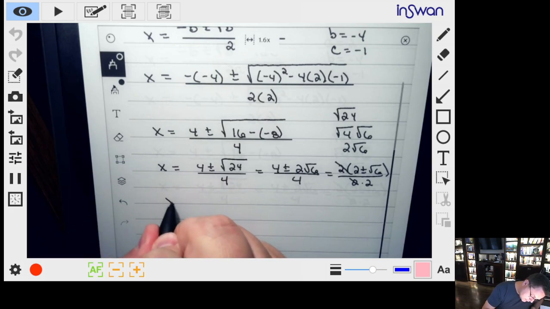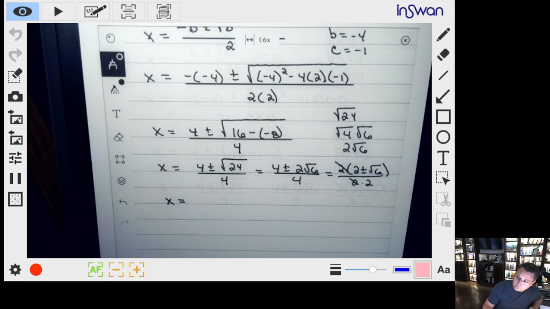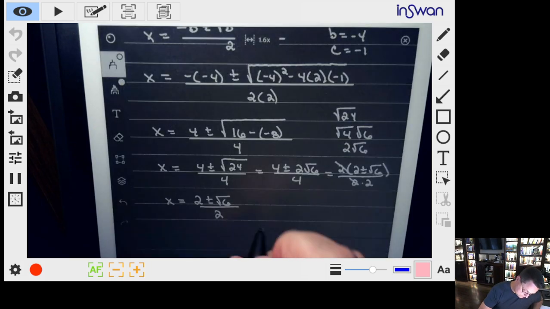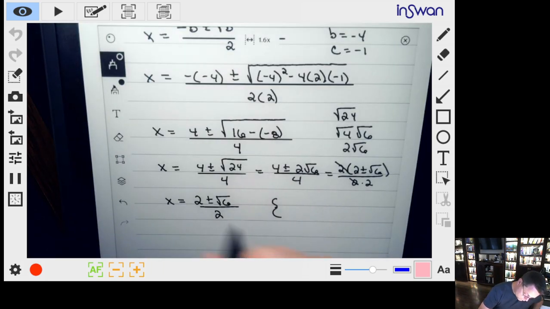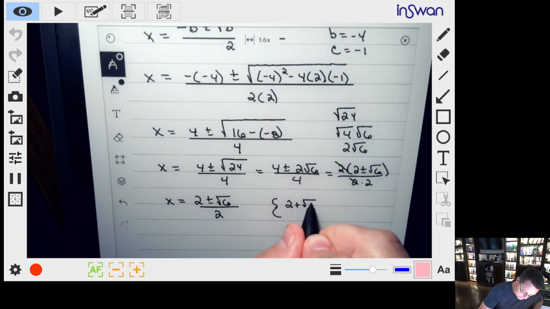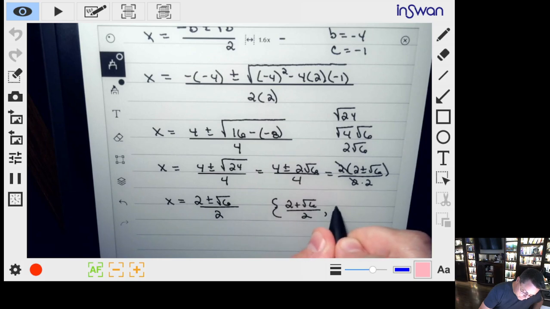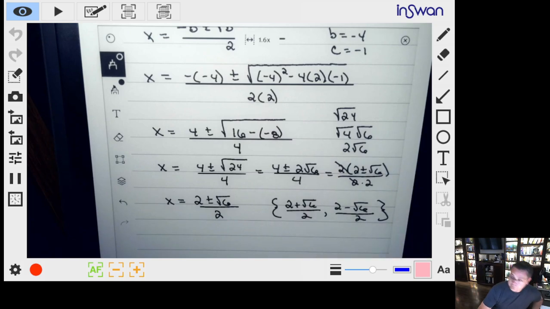That gives me x equals 2 plus or minus the square root of 6, all over 2. And so we have two answers. One answer is 2 plus the square root of 6 over 2, and the other answer is 2 minus the square root of 6 over 2.